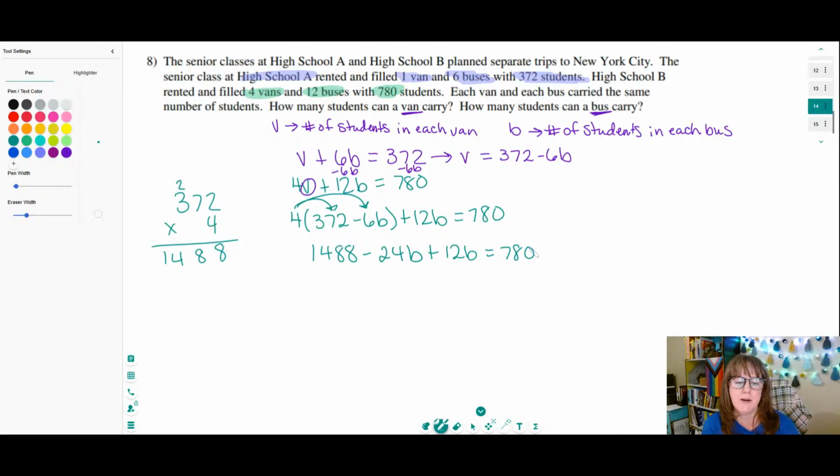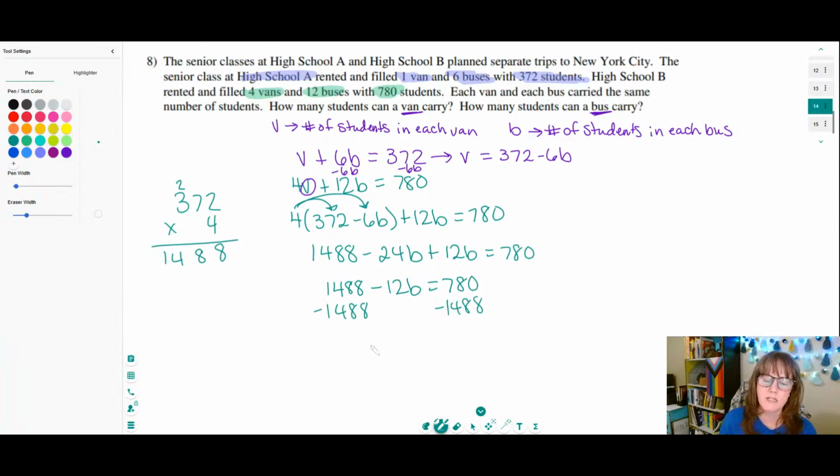I'm just trying to finish this last problem up before it's time to go, because I do have another student right after this. So, negative 24B plus 12B is negative 12B equals 780 minus 1488. So again, in my mind, I'm just flipping 1488 minus 780.